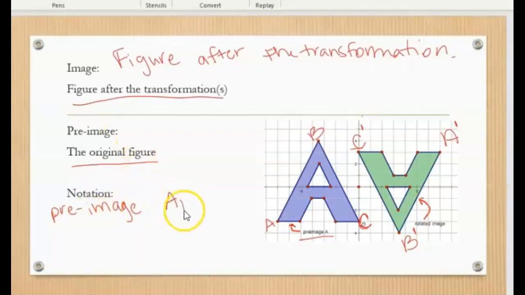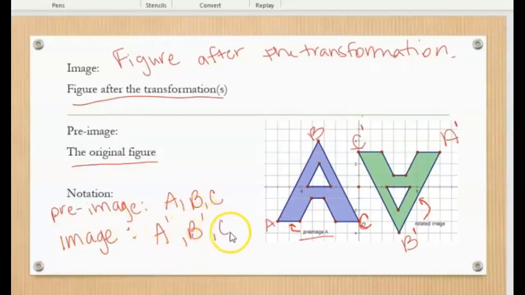We use capital letters, A, B, C. The image, which is going to be after the transformation, we use the prime marks. So you can show that's the point that's different. And it's just a way to say, okay, it's the same point because it's the same shape, but some change has happened to it. So it's the new point.